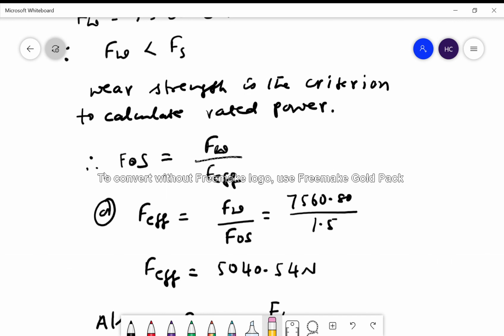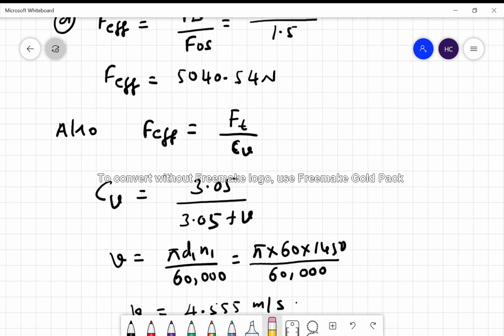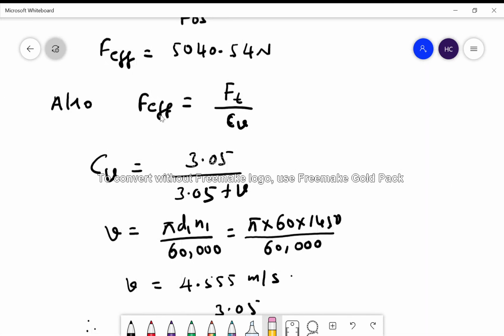Also we know that factor of safety is equal to Fw by F effective. This is actually the governing strength divided by effective force or effective load. So F effective is equal to Fw by factor of safety, which gives us 5040.54 Newton. Also we have F effective is equal to Ft by Cv. Actually we need to find out Ft because to find out P, Ft is very much necessary.